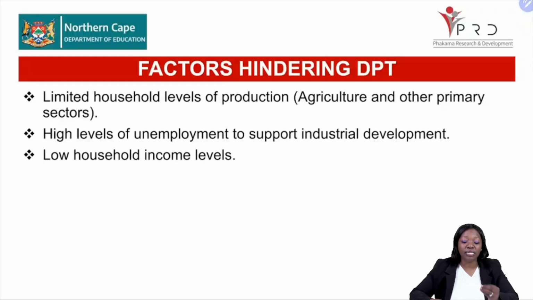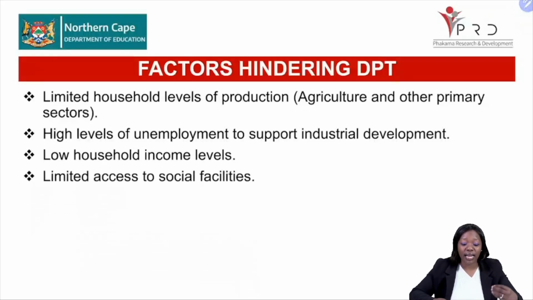Then we're looking at the low household income levels. Remember, if there is a high unemployment level, it means even the income in the household is less. So the lesser the income, the lesser the buying power. Then the limited access to the social facilities.